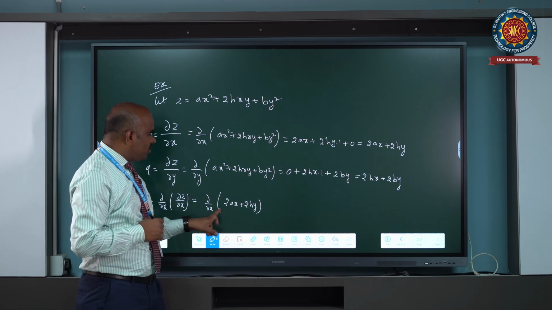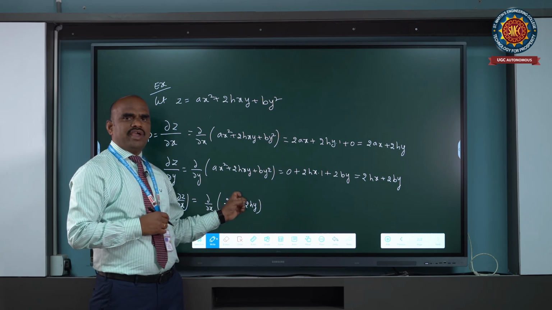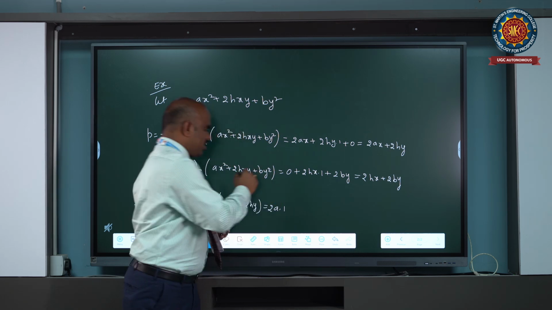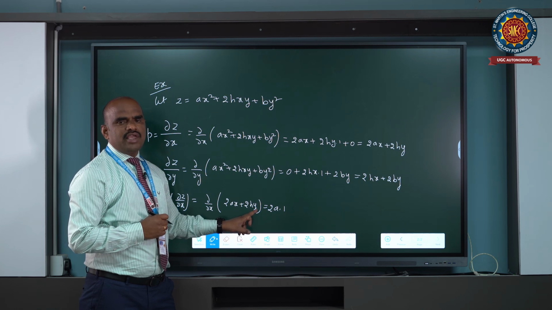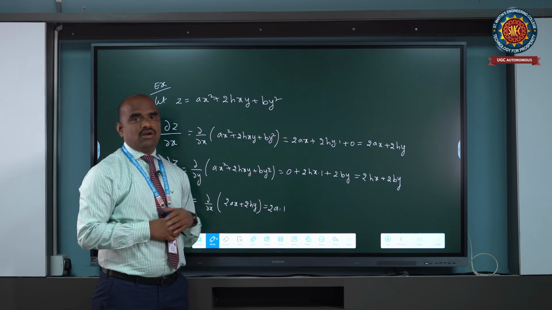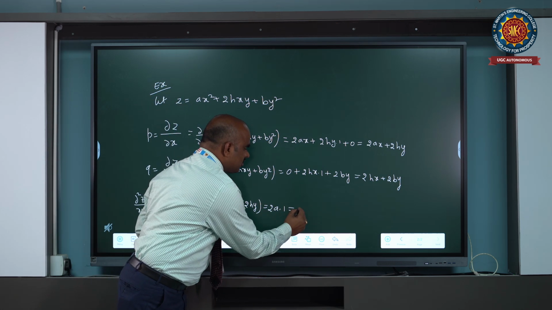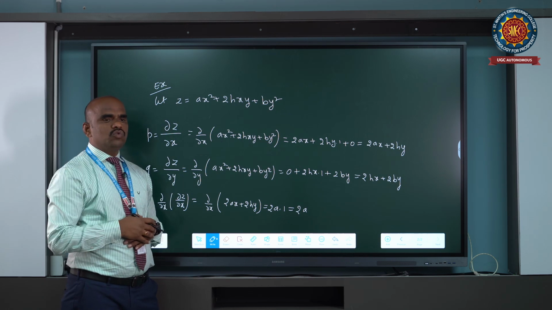So here ∂/∂x of 2ax, here 2 and a are constant, 2a into ∂/∂x of x, which is 1. So that is 2a into 1, plus ∂/∂x of 2hy. Here 2h and y are constant. So the derivative of a constant is 0. So the final answer is ∂²z/∂x² equals 2a.